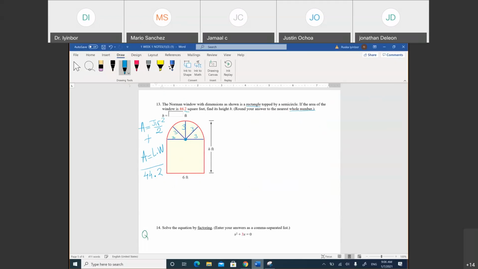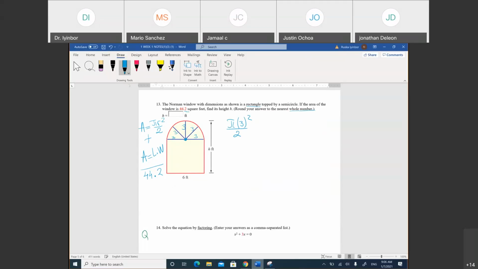The radius is 3, so we can find the area of the semicircle. I'm going to replace the radius with 3, so the area of the semicircle is pi times 3 squared divided by 2.